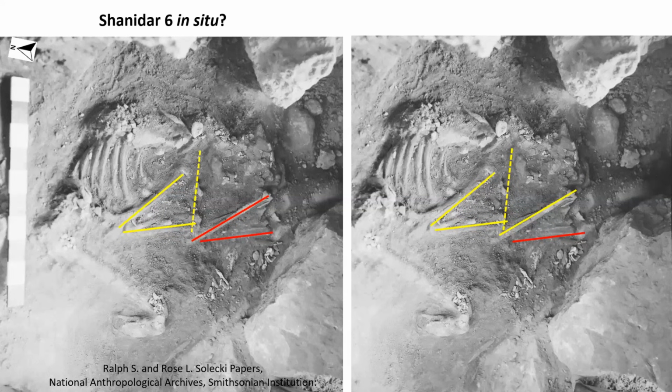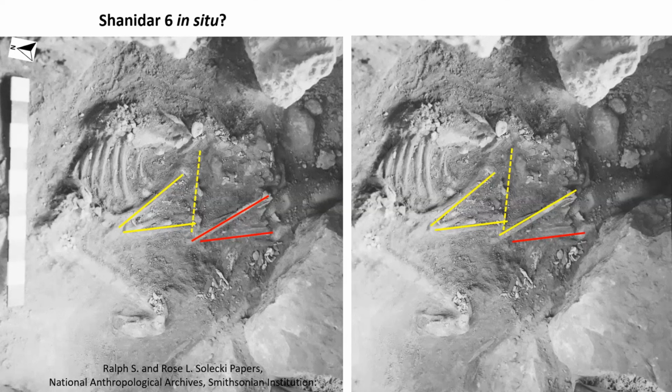So to try and figure out where some of these remains were from, we had to go back to the original photos, but also some of the descriptions in the subsequent literature. Some of the literature was based upon assumed interpretations of this photo. So what we have here in yellow, this is Shanidar 4's right arm.